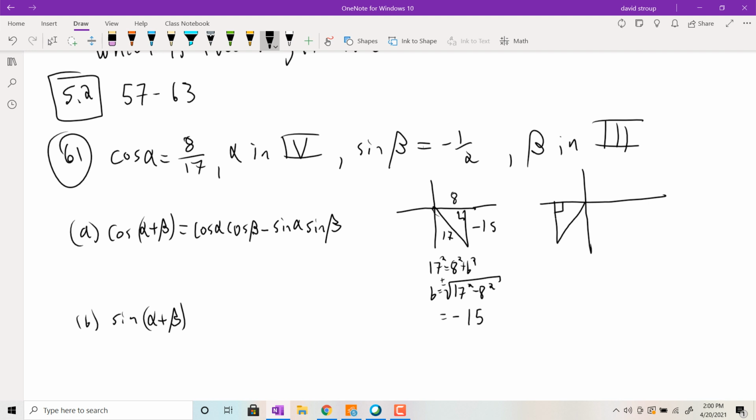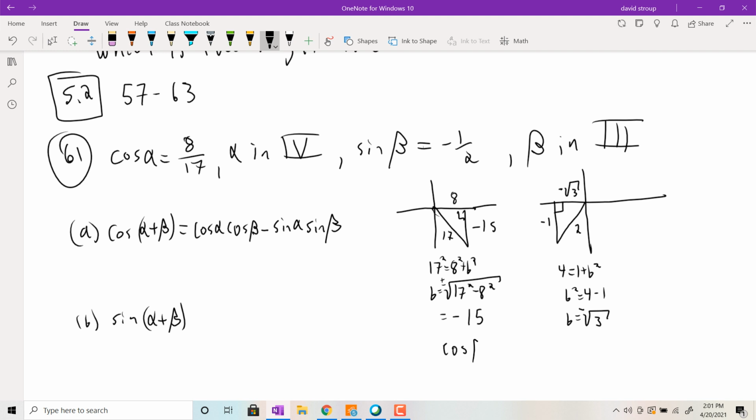So again, this time I use sine of beta is negative 1/2, so negative 1 over 2, so opposite over hypotenuse, and then use Pythagorean theorem to get the third side. And this time it's negative as well, because I'm going the left direction on the x-axis. So this will be negative √3. And that information will tell me what is the other stuff I need.